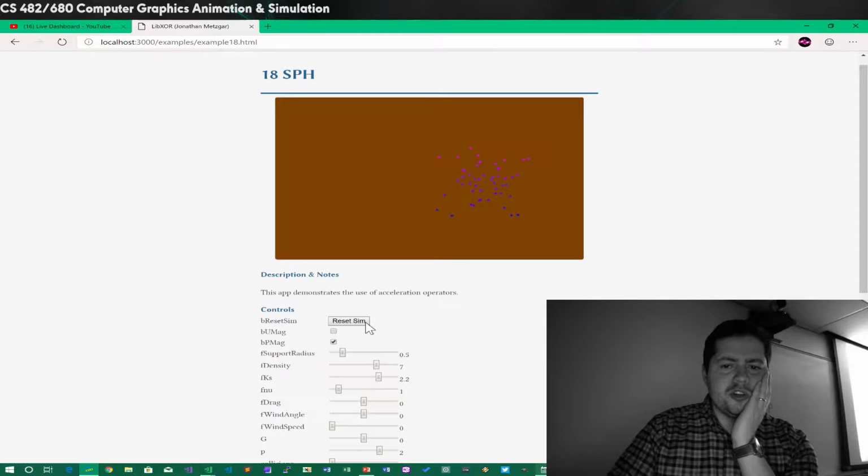Getting more strange emergent behavior. Why are they dripping? It wasn't doing this before, was it, when we left it off? No. Okay, let me see if we put the pressure gradient.